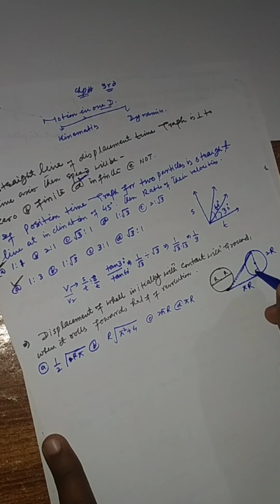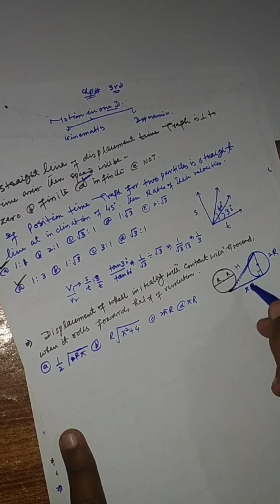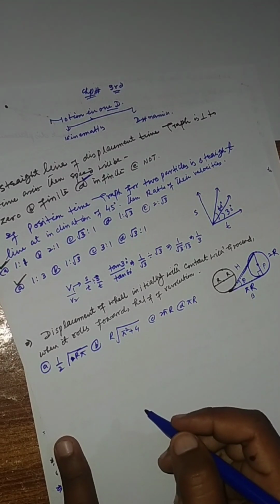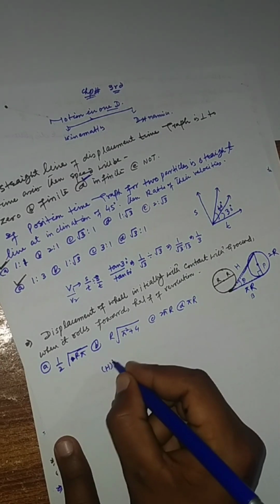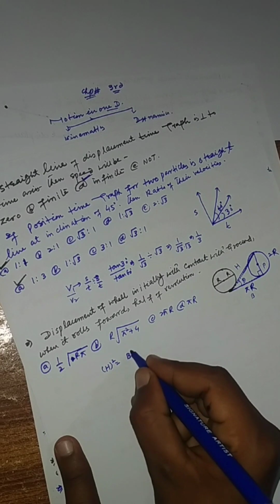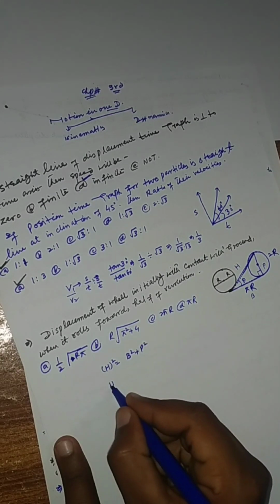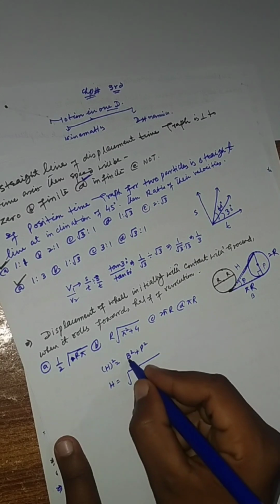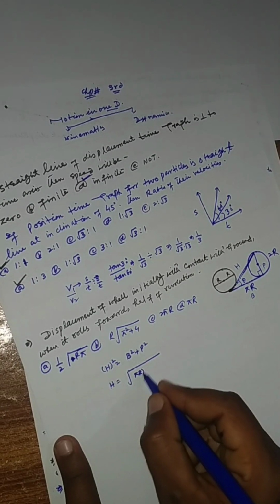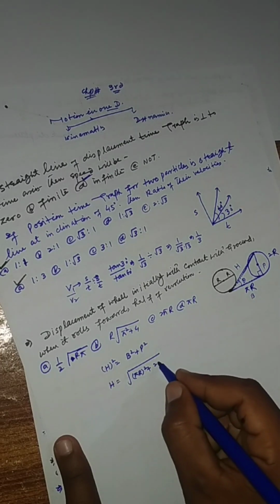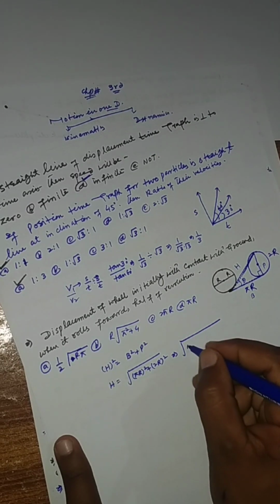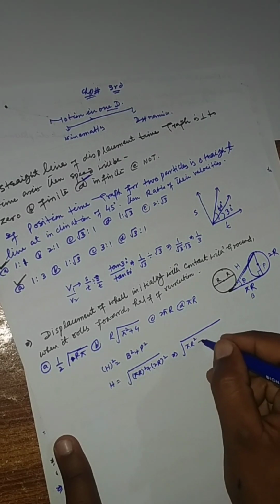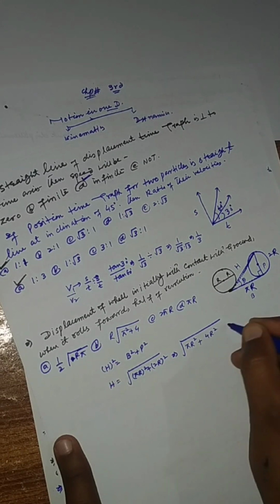So this angle is 90 degree. This is the hypotenuse, this is the perpendicular, this is the base. By using Pythagoras theorem, we will get the displacement. Hypotenuse square is equal to base square plus perpendicular square. Hypotenuse is equal to under radical, base is pi r square plus perpendicular 2r square. This will be equal to pi r square plus 4r square.